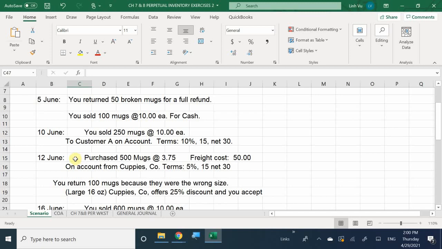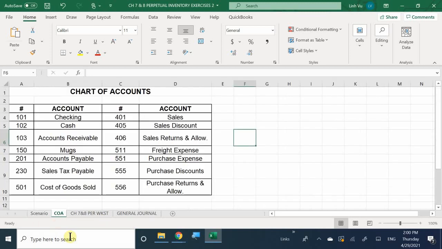Okay? So therefore, how do we journalize this? What accounts will we be needing this time? Okay, so inventory is going to be part of it, but not in the same journal.